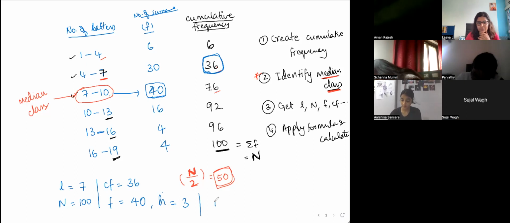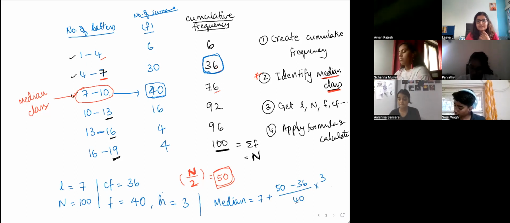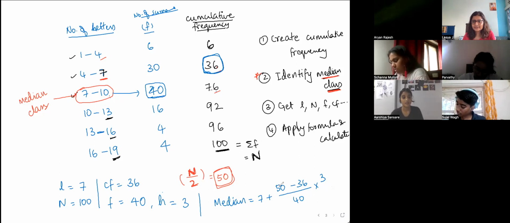So once you have all these, put it in the formula. Median is equal to 7 plus n by 2, so 50 minus CF 36, by F is 40, into 3. So Ashia, did you have these values? Like for calculation, I took 100 and 36.